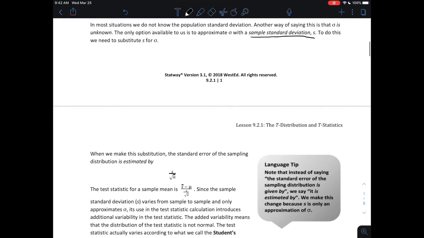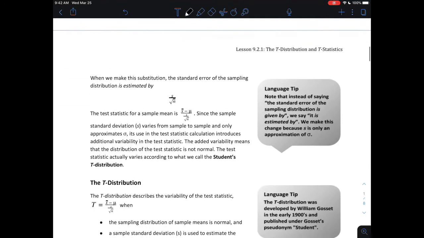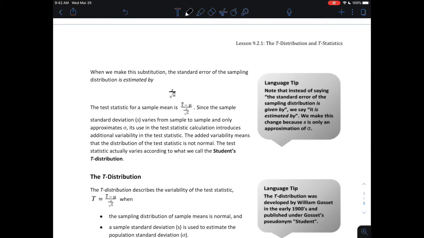When we make this substitution, the standard error of the sampling distribution is estimated by the fraction s over the square root of n. We're just estimating sigma with s, so that fraction has changed. The test statistic for a sample mean is then x bar minus mu divided by the fraction s over the square root of n.